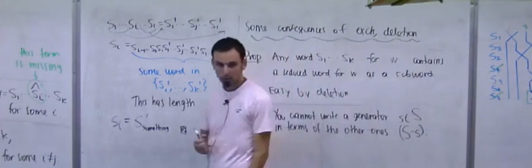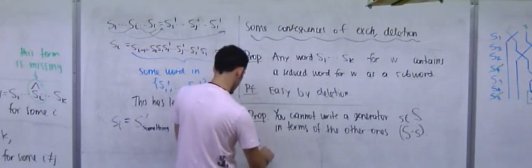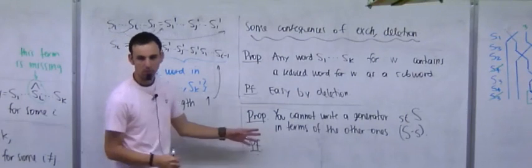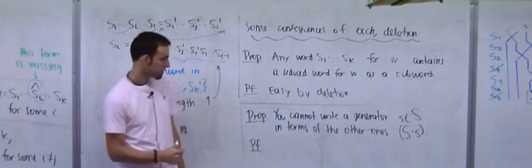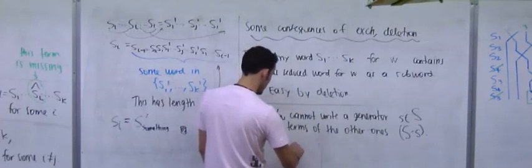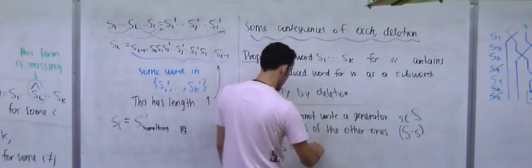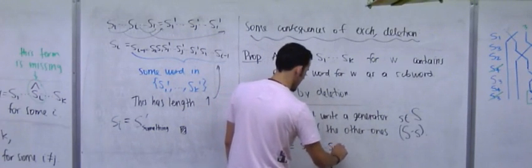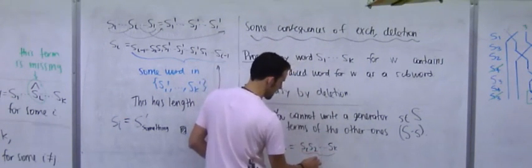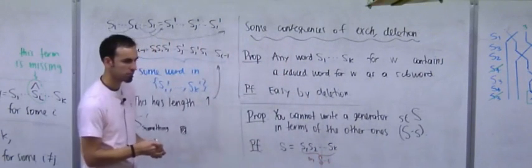This is now done, because let's see. Let's suppose that you could. Suppose that you could write s as some word s1, s2, up to sk, where these guys are in S minus little s.